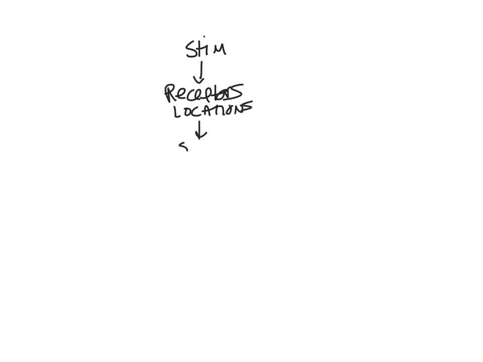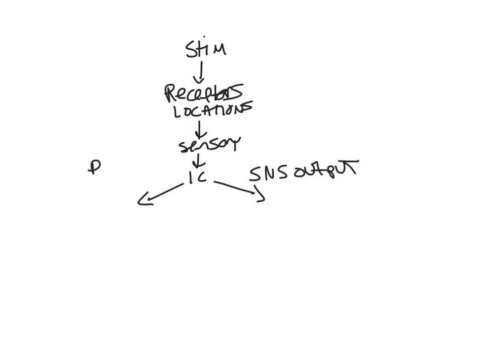You're going to have your sensory neuron and your integrating center, which is your medulla oblongata. And coming out of that, you have 2 possible nerves: sympathetic output and parasympathetic output.